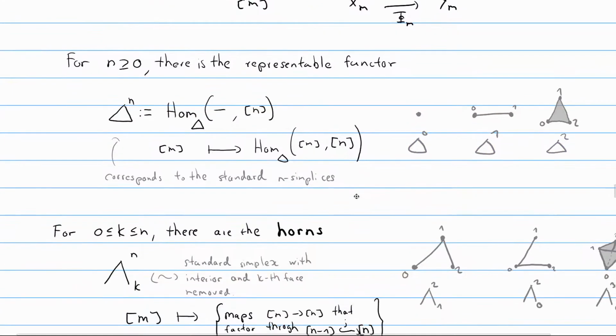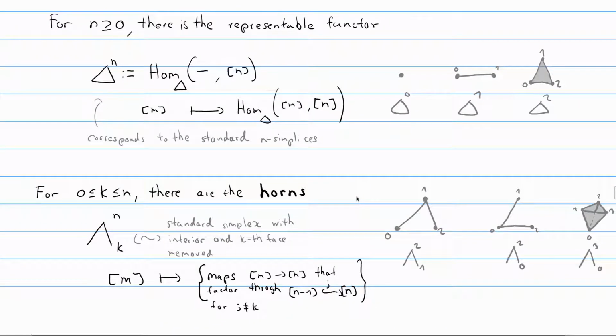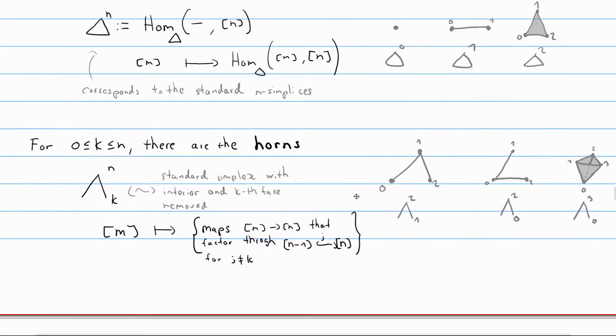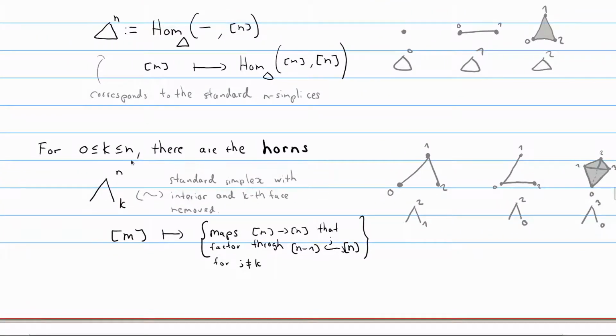And there is also another important class that we will use in our definition of a quasi-category, which are the horns. Given some fixed n and some k between 0 and n, there exist these horns, which we'll denote with this horn shape, which intuitively are the simplices where we remove the interior of the simplex and also the kth face.